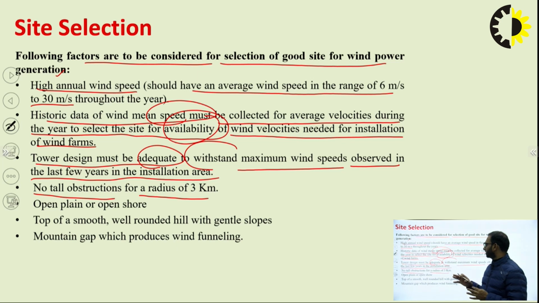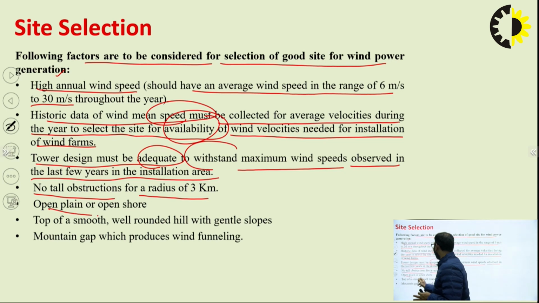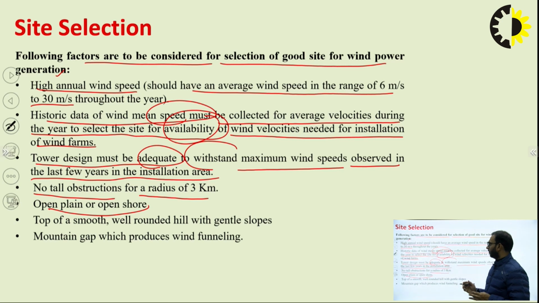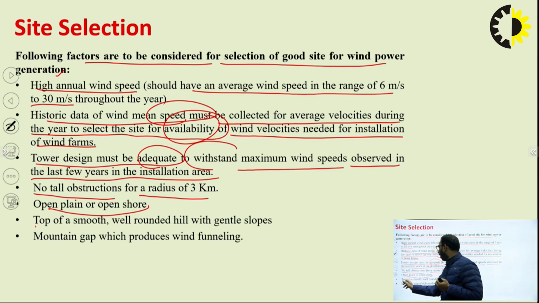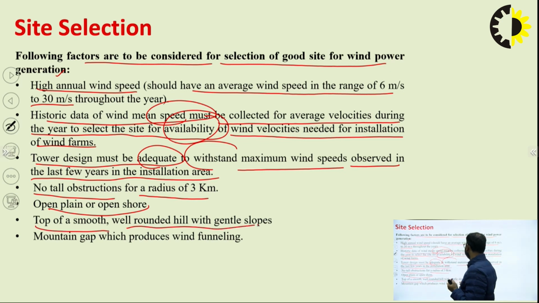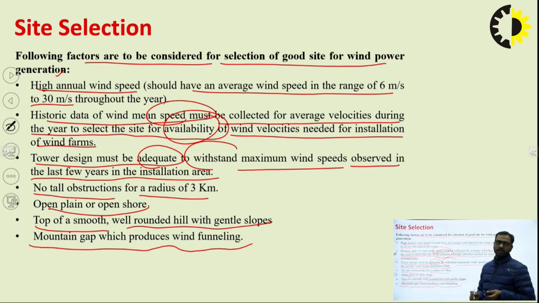Open plain or open shore, the site selection should be such that it requires open plains and open shore area. Top of a smooth, well-rounded hill with gentle slopes. And the last criterion is mountain gap, which produces wind funneling. So these are some important factors for site selection.